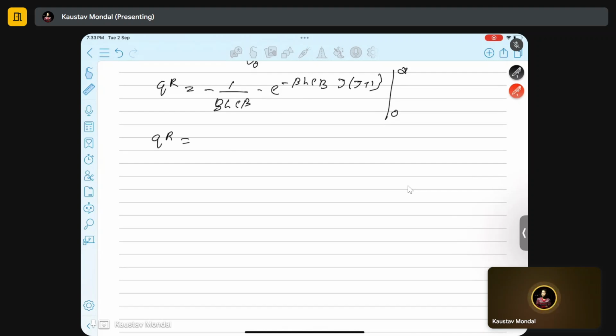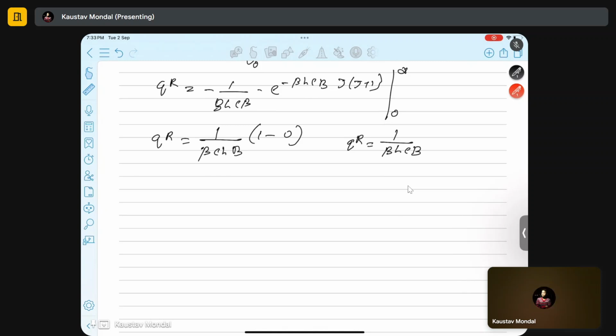If you substitute the values, minus minus will become plus, so Q rotational would be simply 1 by beta HCB.